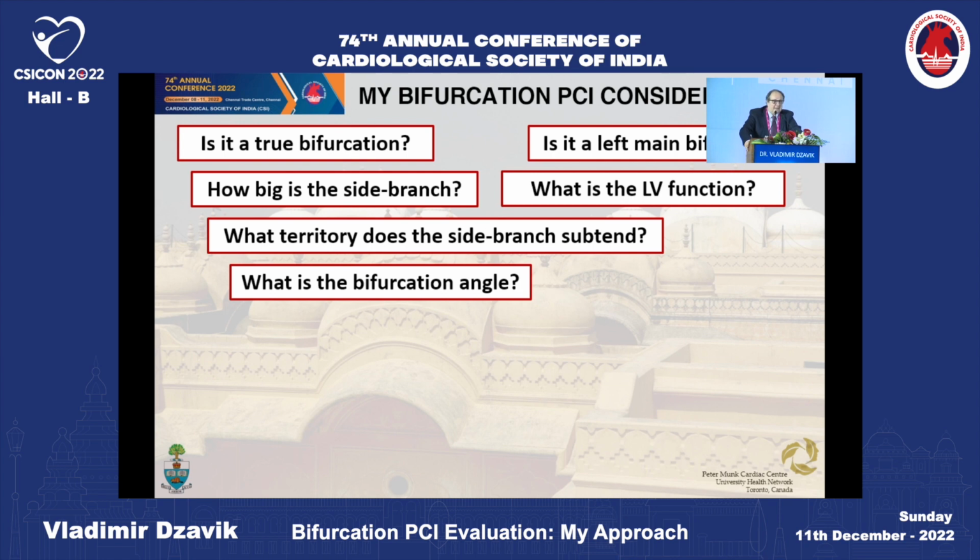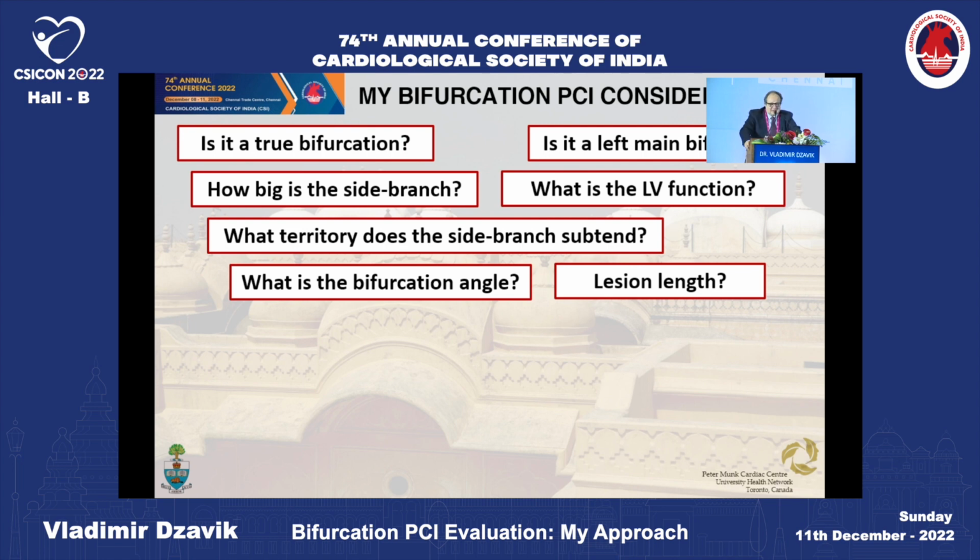In the case of a non-true bifurcation, if things went awry in the side branch, I think something like a reverse crush is also not unreasonable, or a culotte technique. Lesion length: the Chinese group have recommended that two-stent bifurcation should clearly be utilized in patients who have a side branch lesion length of 10 millimeters or greater, and that under 10 that's not necessary.